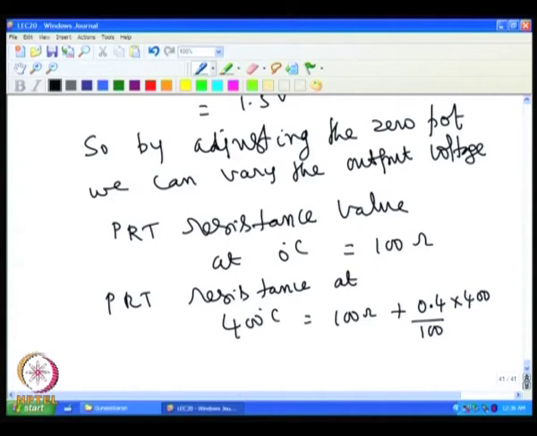So, that gives 0.4 ohm into 400, which becomes 260 ohms. So, at 400 degree C, the PRT resistance will become 260 ohms.